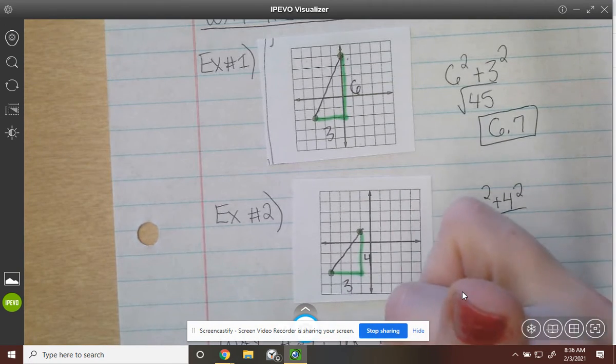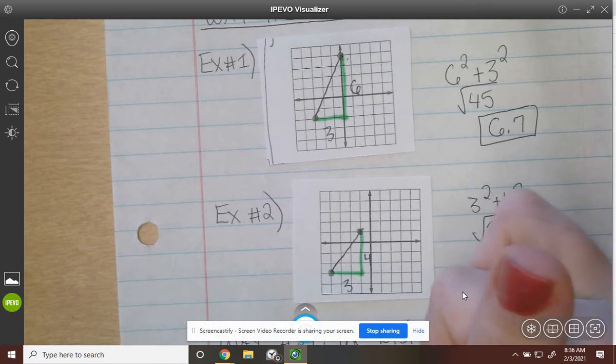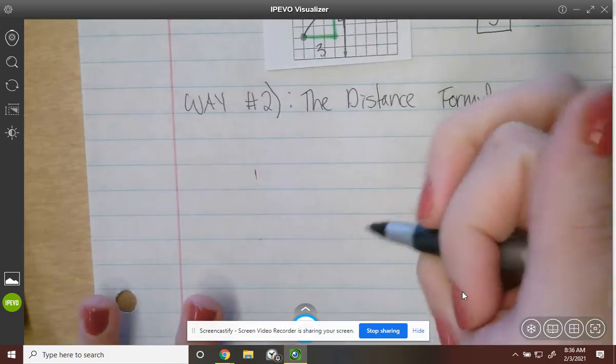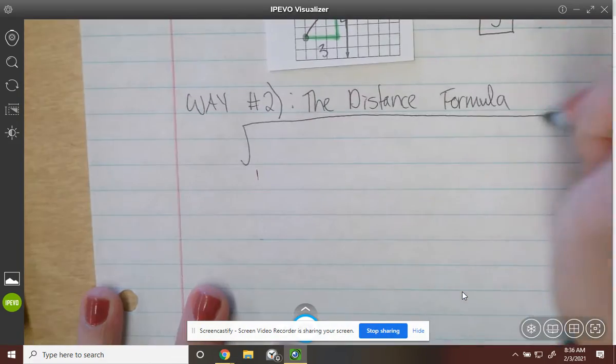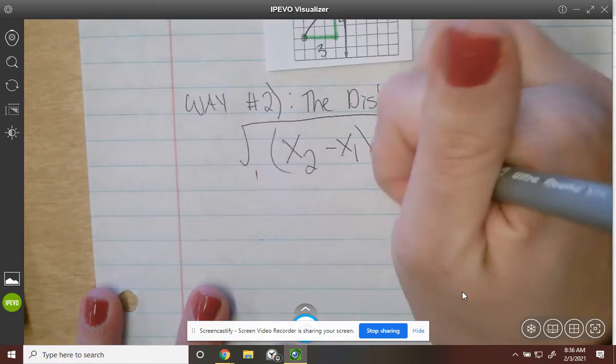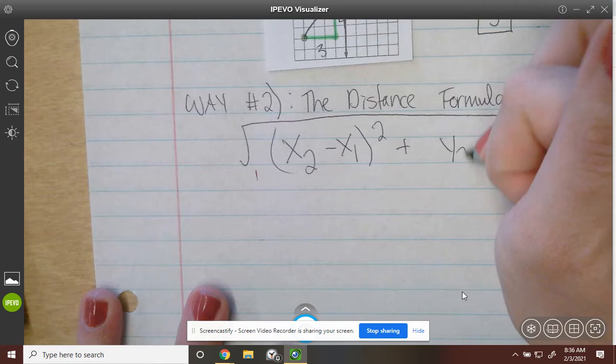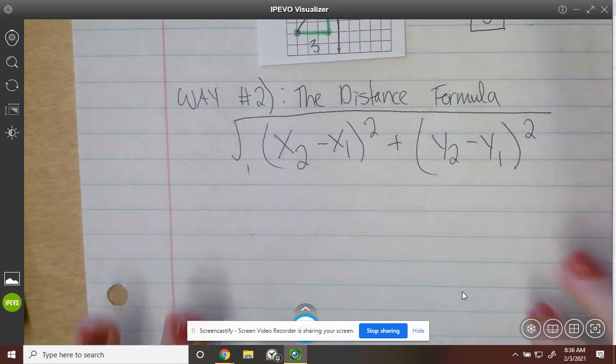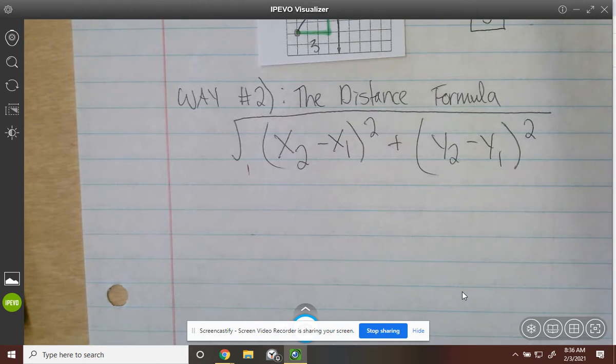The distance formula, which you can't see what I'm writing. Okay, so the distance formula is this. It looks really intimidating. But I promise once we kind of get into it, it's not that bad.